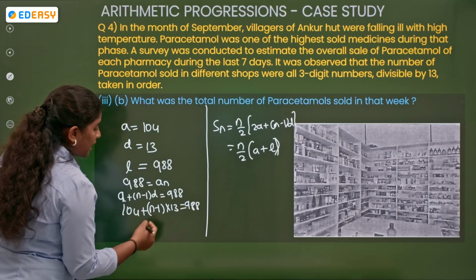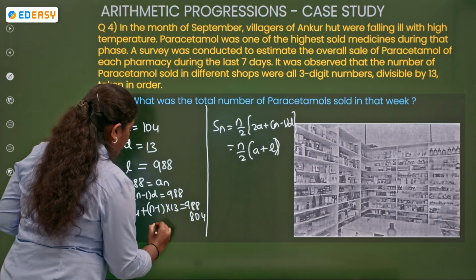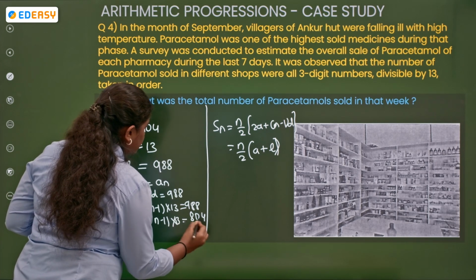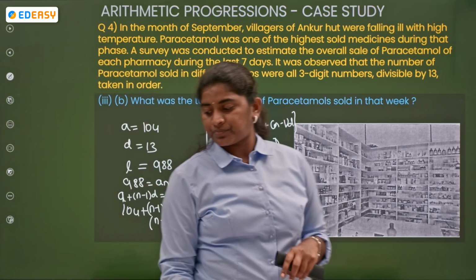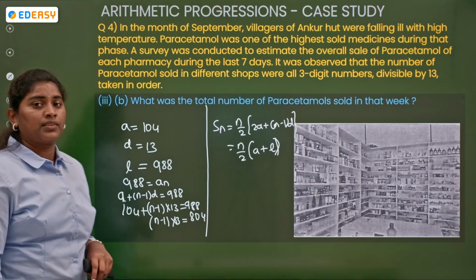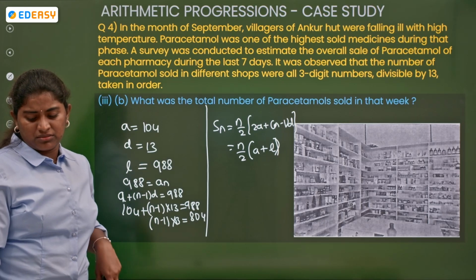Now if you do the subtraction, 804. Okay, n minus 1 into 13 equals 804. Understood? Any doubt for anyone? Yes. Any doubt? You can raise your doubts, everyone. No doubts?